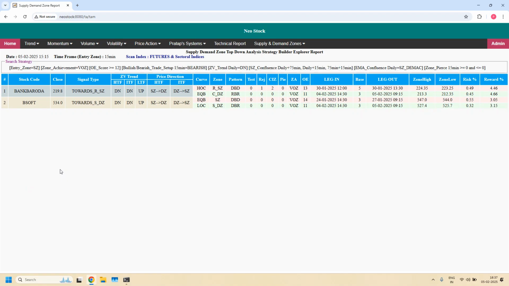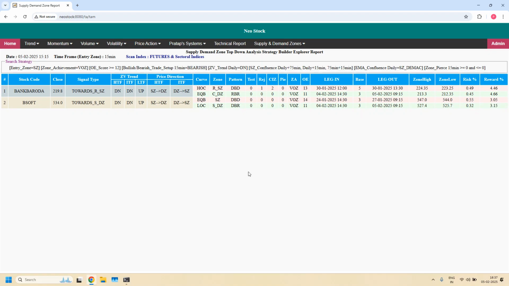Out of 3 having downtrend, 2 stocks have daily zones with daily EMA confluence. Inside the daily zone, these 15 minute supply zones are overlapped. So that's why these 2 are even more high probability trade setup supported supply zones. So this is about the bearish trade setup for daily income trade.